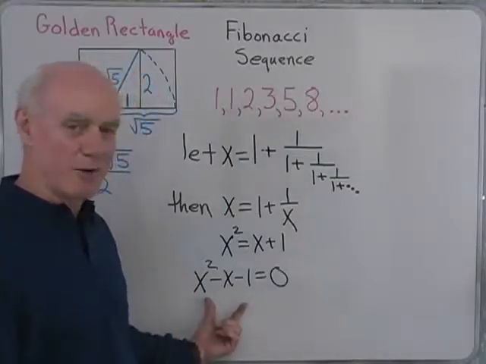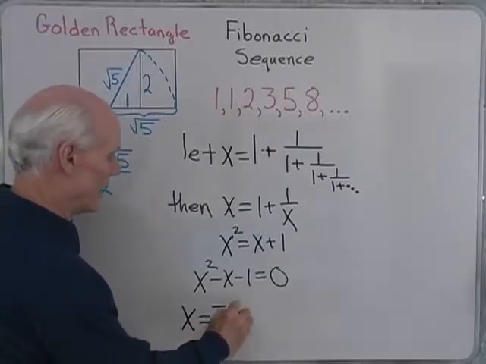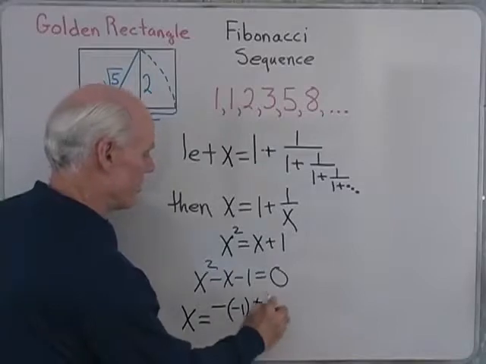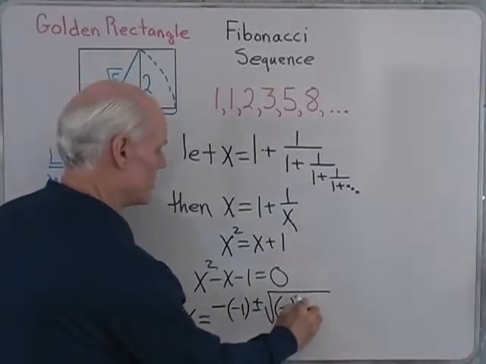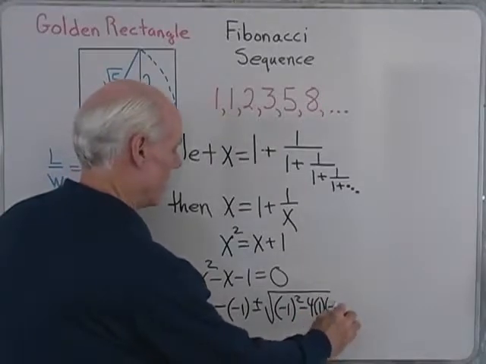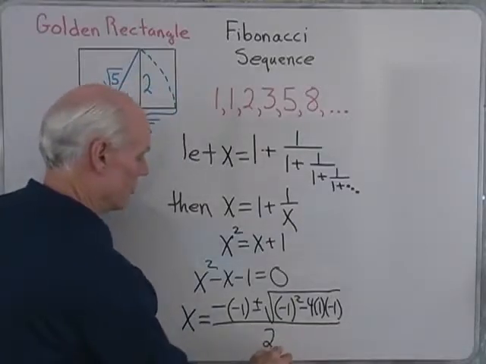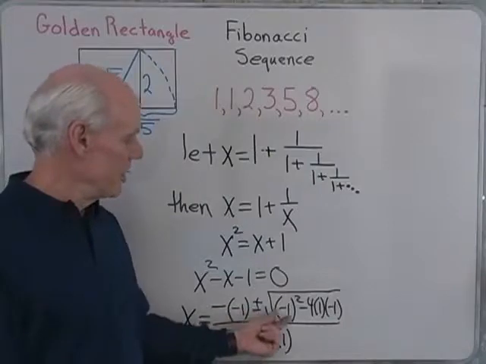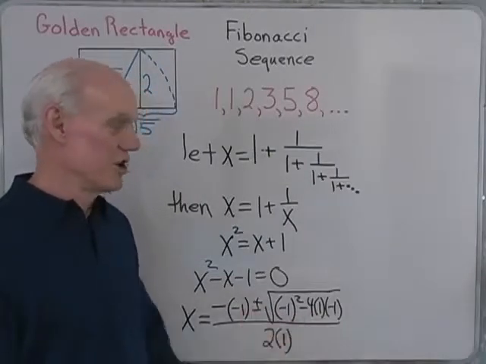Now here I'll use my quadratic formula. x is equal to negative b, which is negative 1, plus or minus the square root of b squared, negative 1 quantity squared, minus 4 times a times c, all divided by 2 times a. So negative b plus or minus square root of b squared minus 4ac all over 2a. Well, what is this going to simplify to?